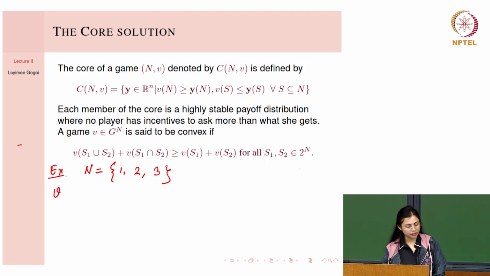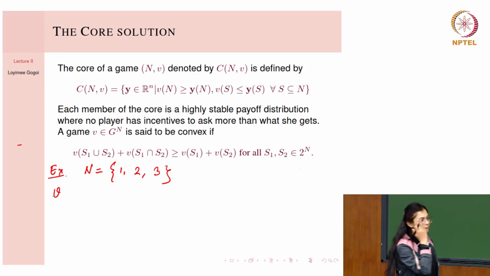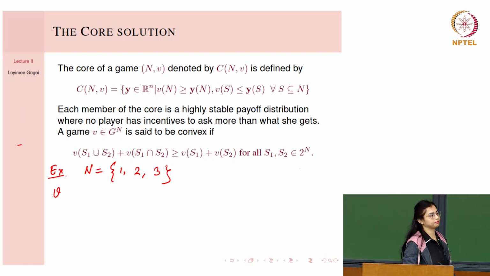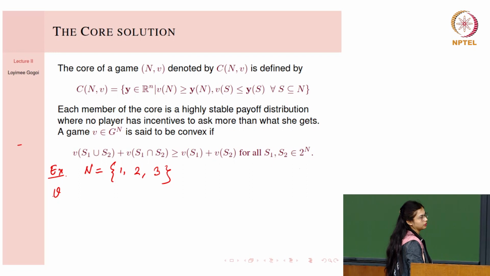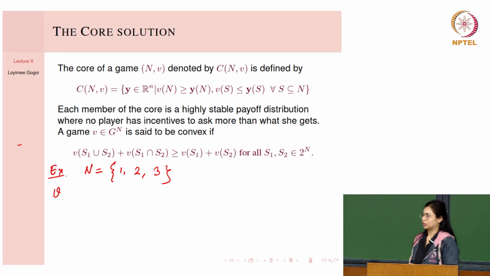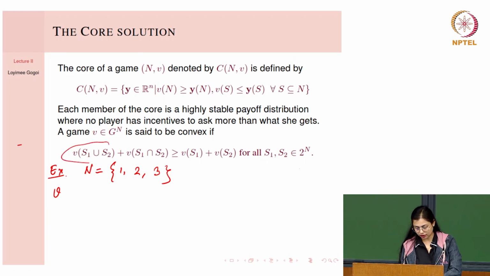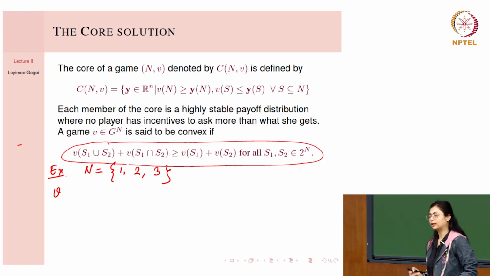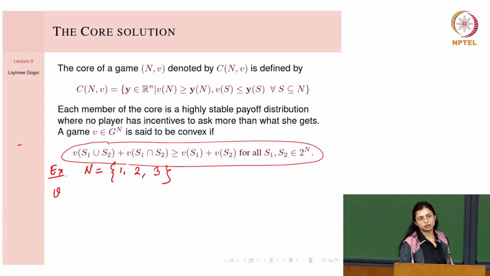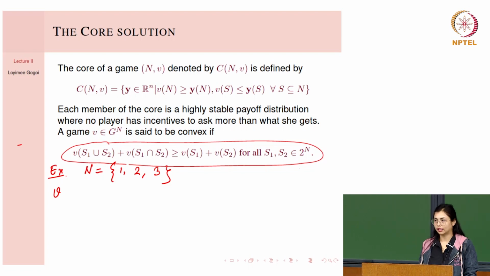Just try to assign some random numbers and check whether this game is convex or not. Right now you don't need to think about the interpretation of the game. Just find values of V so that it satisfies this condition for all S and S1.